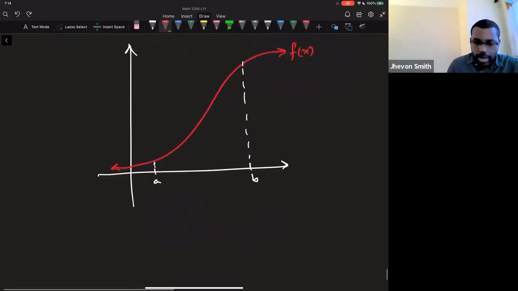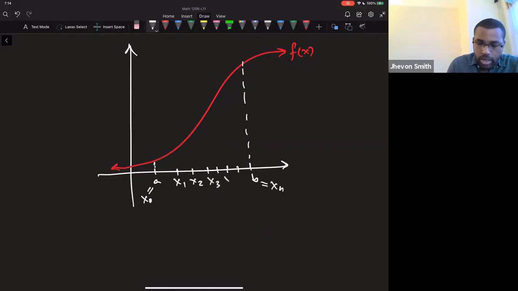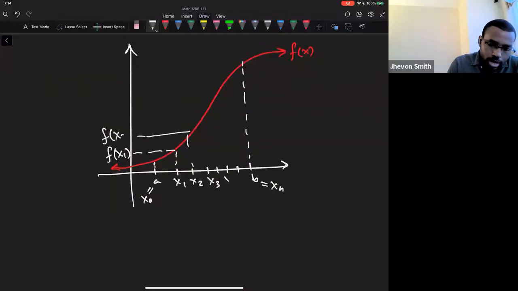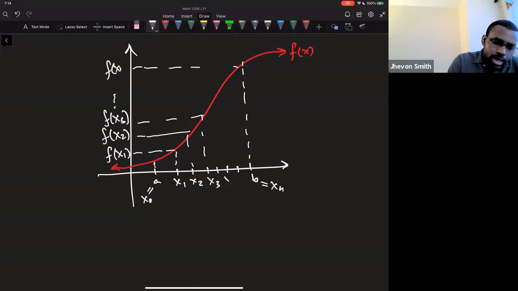So let's say I call a, as usual, x0, call this xn, and I can have a bunch of x's in here, x1, x2, x3, and so on. So I would have f of x1, f of x2, f of x3, going all the way up to f of xn, right?